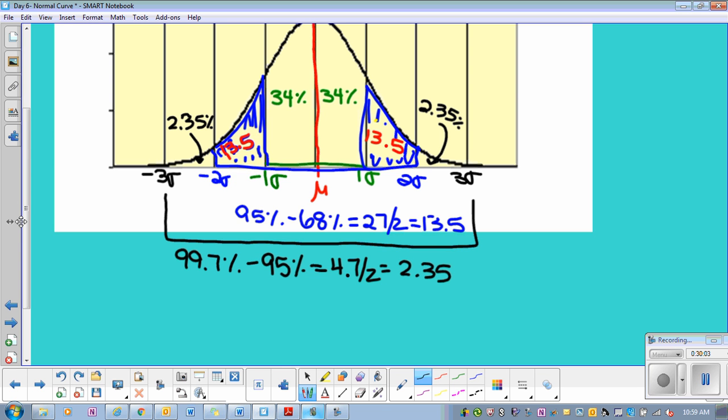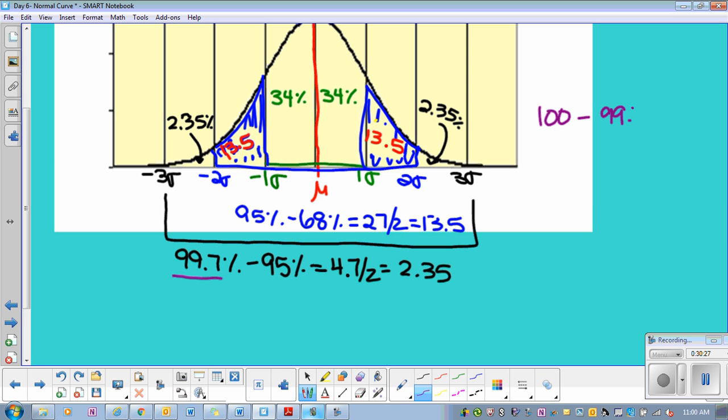So, big question for you guys. The whole thing does have to add up to give you 100. So we have these little outliers. Think about it. If your big picture is 100, what is the one right before 100? 99.7, right? That's 3 standard deviations.